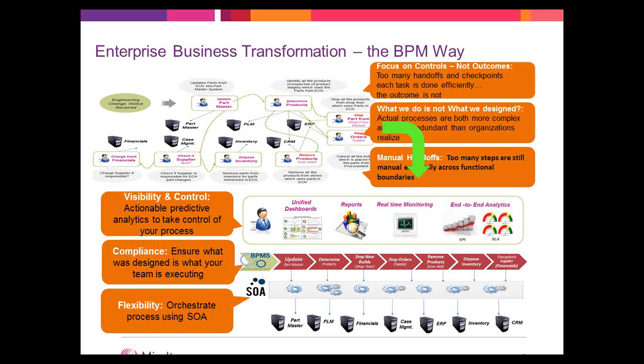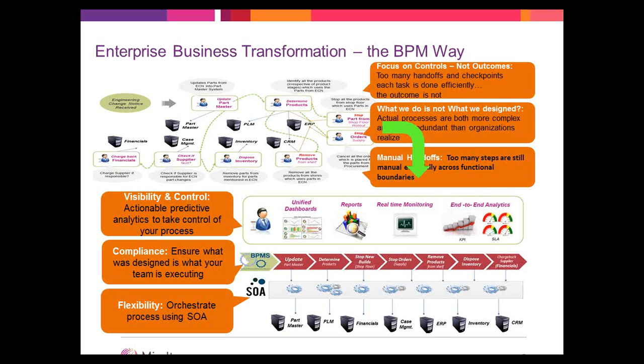With unified dashboards and reports, a BPM can collate and pull data from a lot of different systems and present a unified view to a manager or to a subject matter expert, as opposed to an application view or a system view. So this will establish a process view, which will provide more visibility and more transparency.